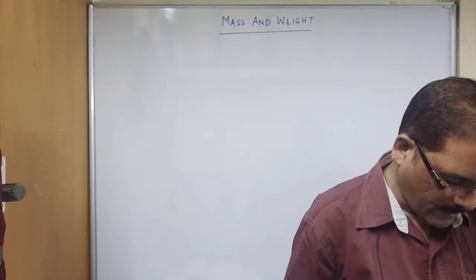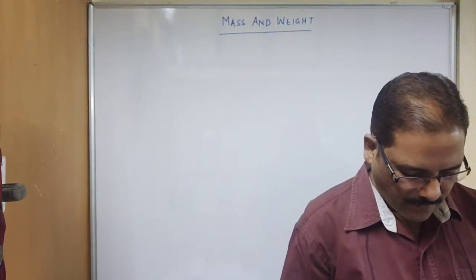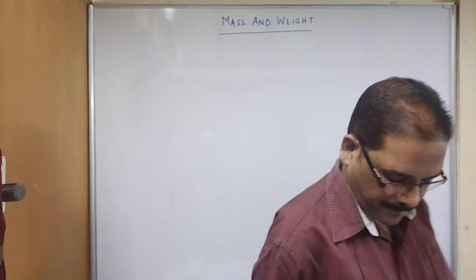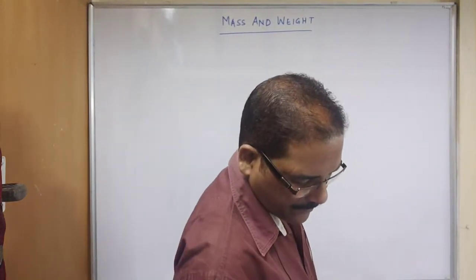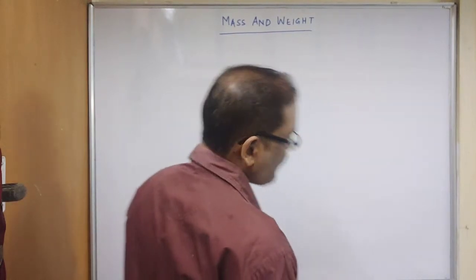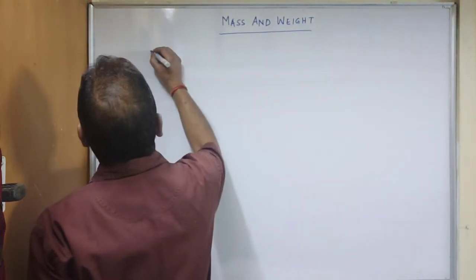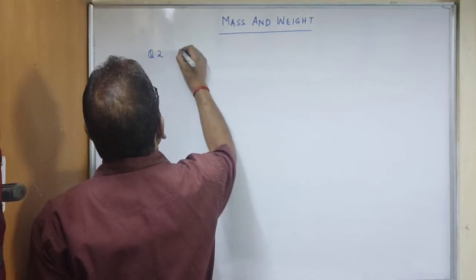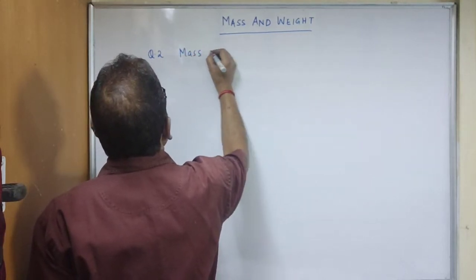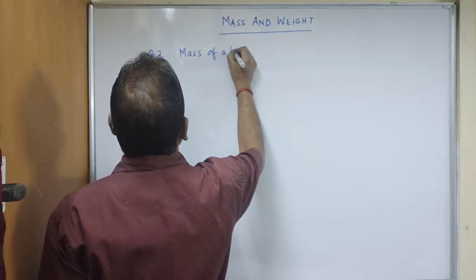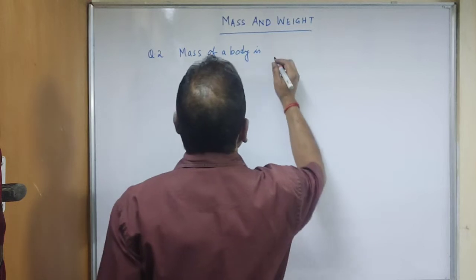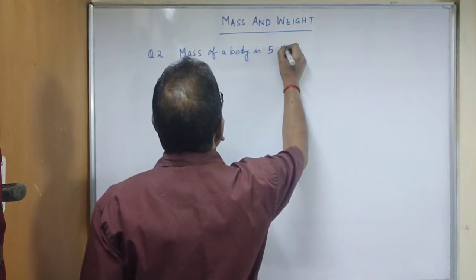Now write this question. Question 2. Mass of a body is 5 kg.